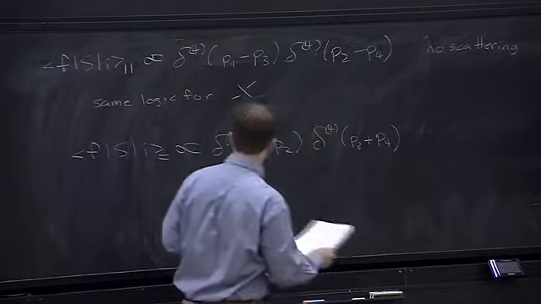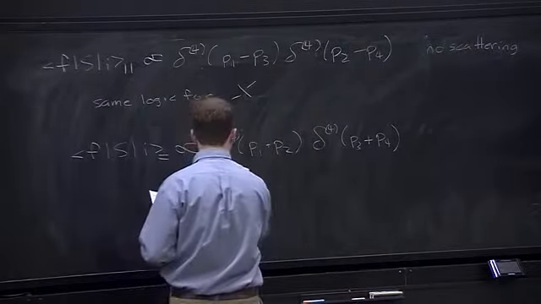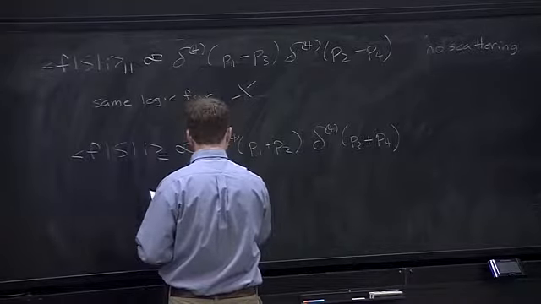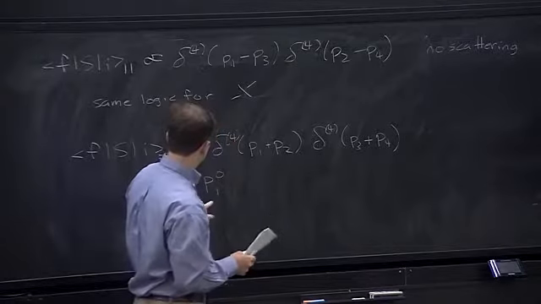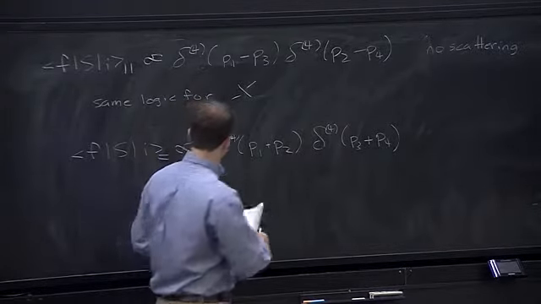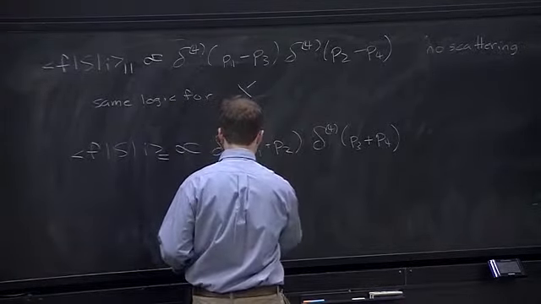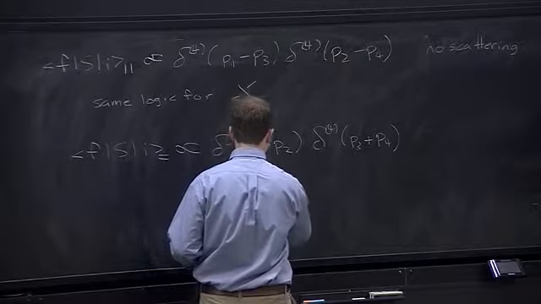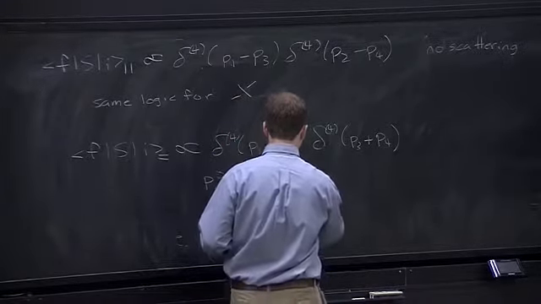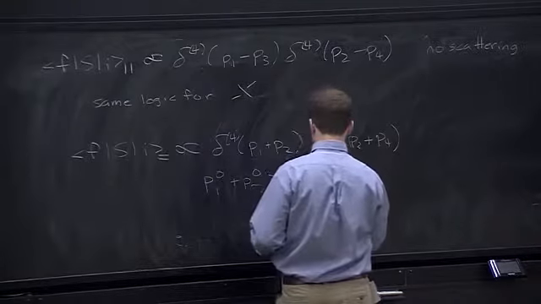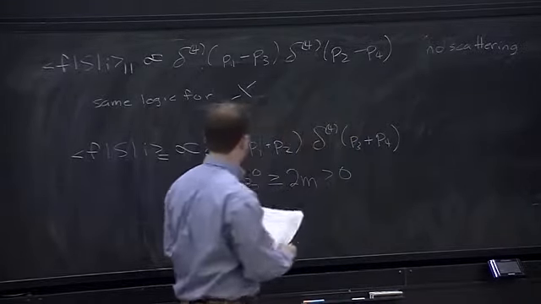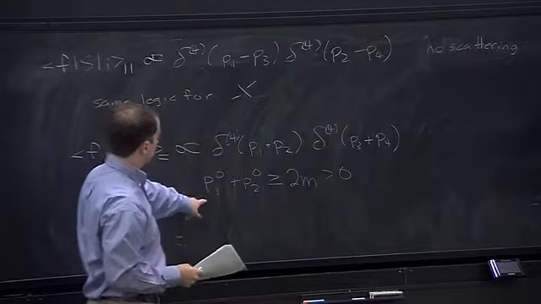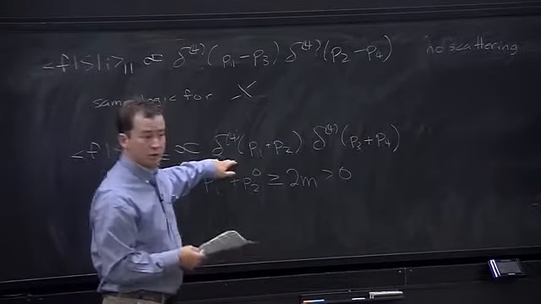But these are massive particles. So the zeroth component of P1 is greater than M, and similarly for the zeroth component of P2. So the sum of these two is greater than or equal to the mass, which is not 0. It's greater than 0. So these deltas are never satisfied.